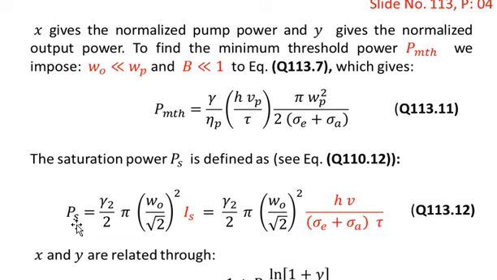This saturation power PS is equal to gamma over 2 multiplied by the beam spot size at the beam waist, which is pi times omega naught over square root of 2, the whole square of this quantity, and then multiplied by IS, which is the saturation intensity. And in the next step, we have substituted IS by its value, which is h nu over sigma E plus sigma A times tau. So this is equation number 12.